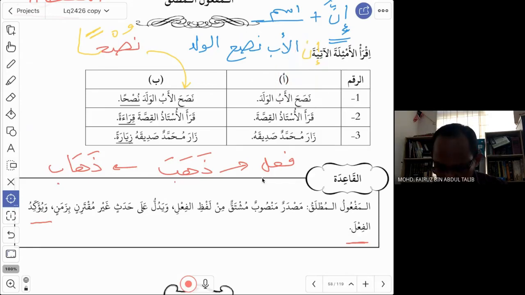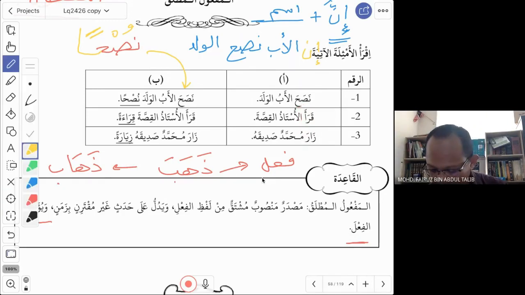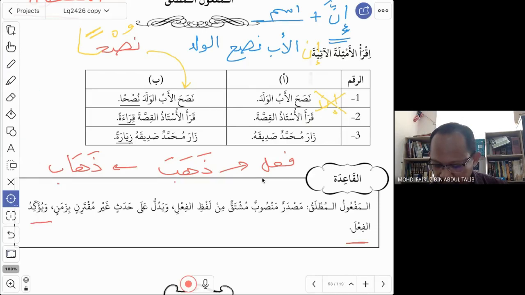But when you use a jumlah fi'liyah, as in this sentence, you start with nasaha. You want to emphasize the verb, the action. To emphasize the action, you cannot use inna, because inna is only used for a noun. So in this case, we need to use another method to emphasize.